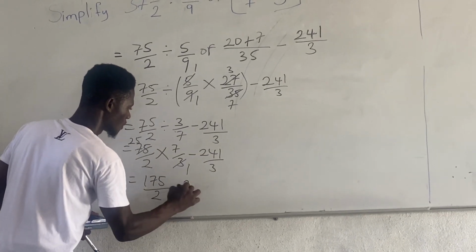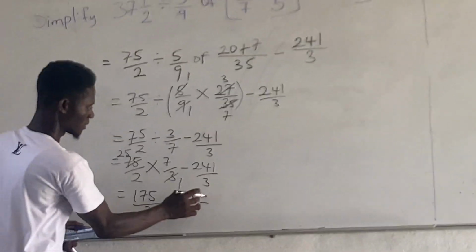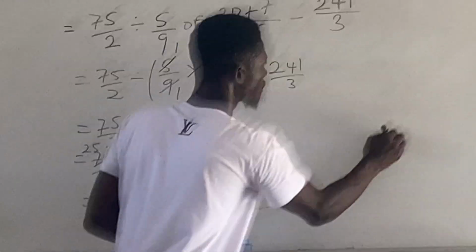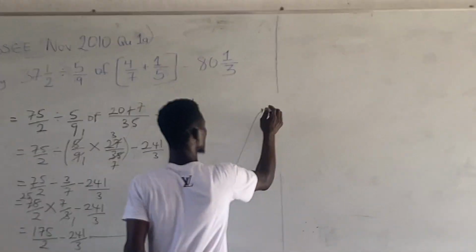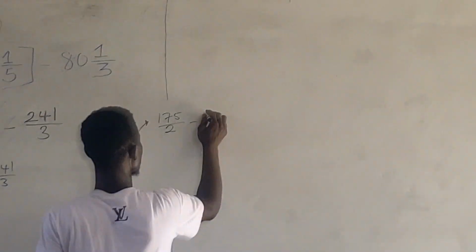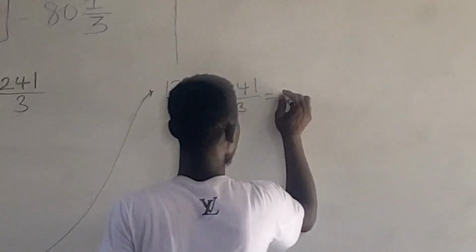Minus 241 over 3. Let me bring it here so you can see it well. You now have 175 all over 2 minus 241 all over 3. Again, we have to subtract two fractions that have different denominators, so we find the LCD.